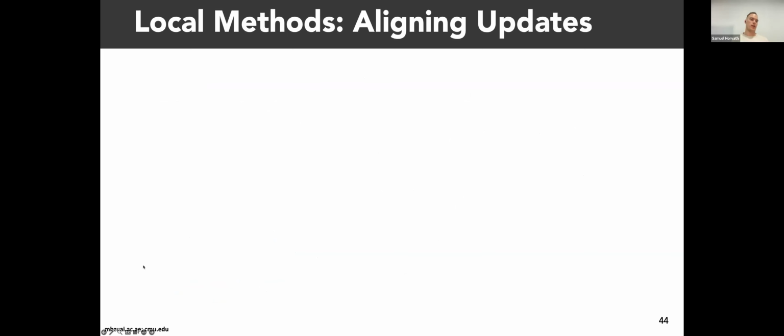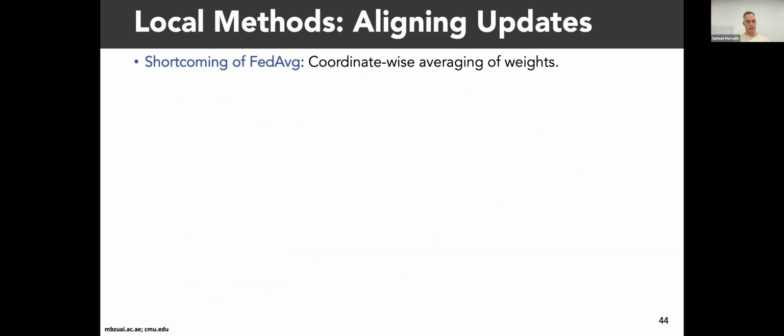One thing that we haven't discussed is that those methods that I showed you mainly show the best results for convex methods. And the reason for that is that federated averaging has coordinate-wise averaging of the weights in each communication round.